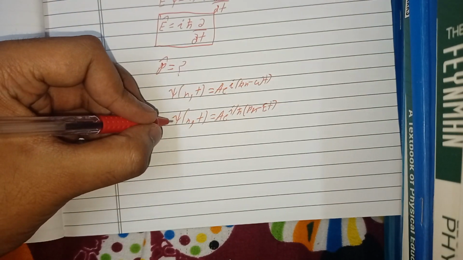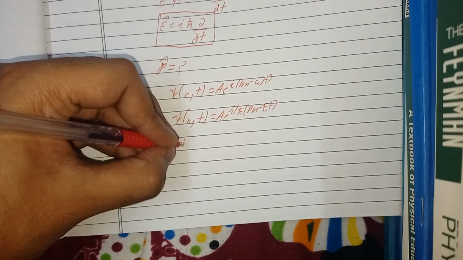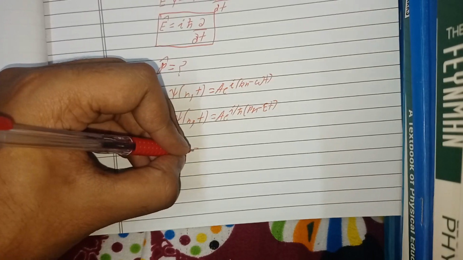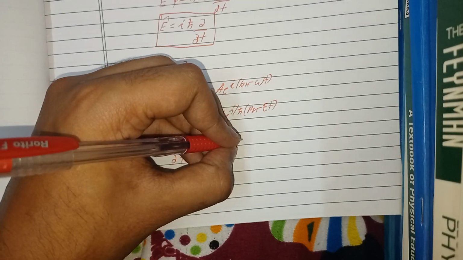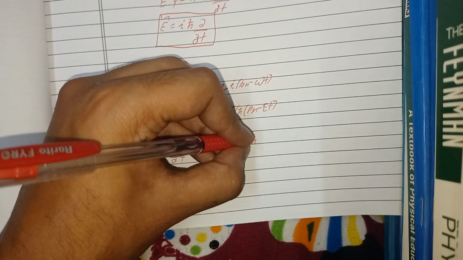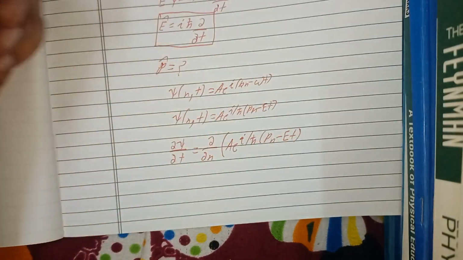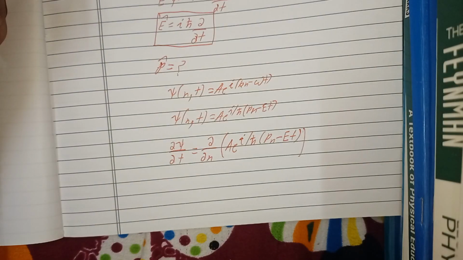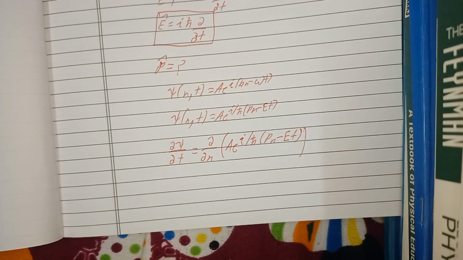So differentiating the wave function with respect to position, we get the partial differentiation of this, and using the chain rule we bring down the coefficient of x in the exponent, which is ip upon reduced Planck constant.